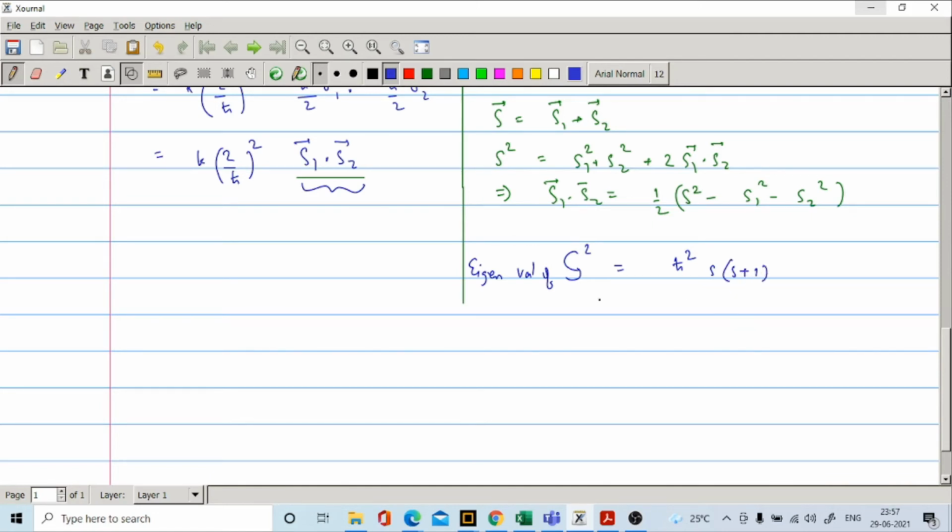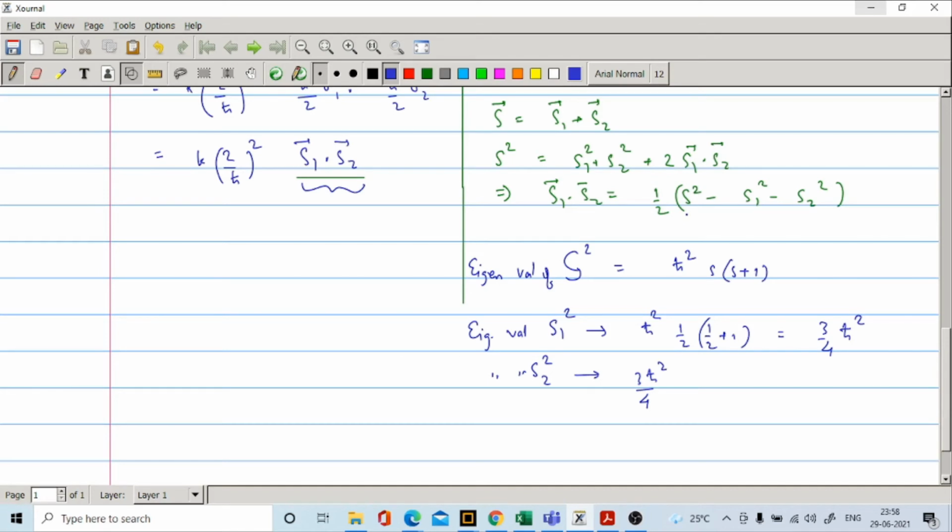Now the eigenvalue of S1 squared, where S1 is the spin of the first particle, that is 1 by 2, will be h bar squared times 1 by 2 into 1 by 2 plus 1, which is nothing but 3 by 4 h bar squared. Similarly for S2 squared, the eigenvalue will also be 3 by 4 h bar squared.